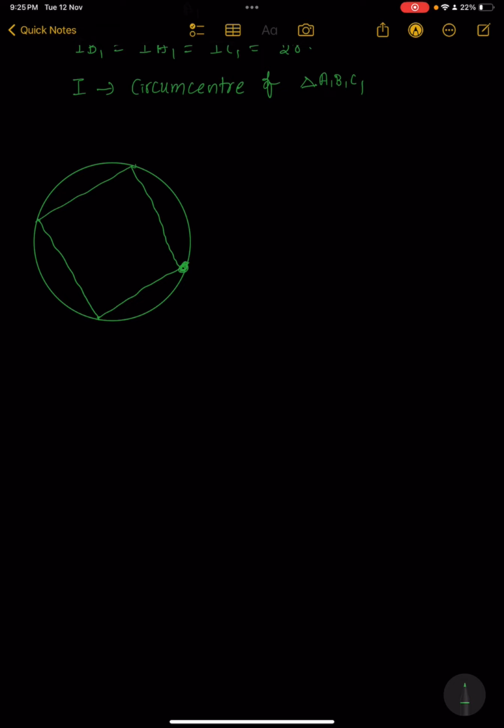If you are able to find opposite angles, say alpha and 180 minus alpha, whose sum is 180 degrees, if you are able to prove that the sum of opposite angles in the quadrilateral is 180 degrees, then we can say that points A, B, C, D are concyclic.